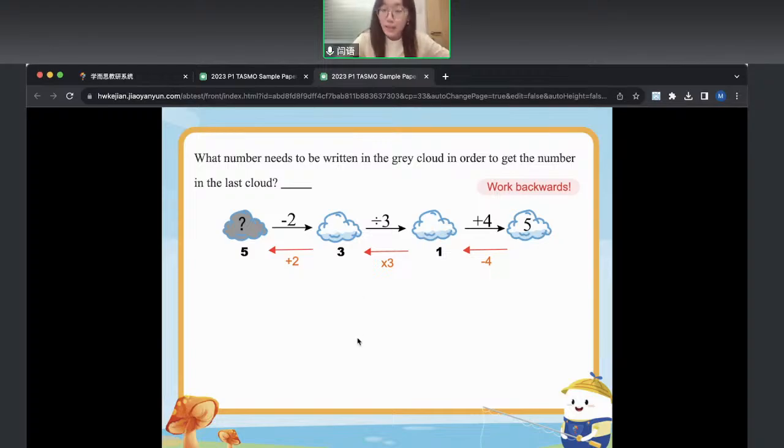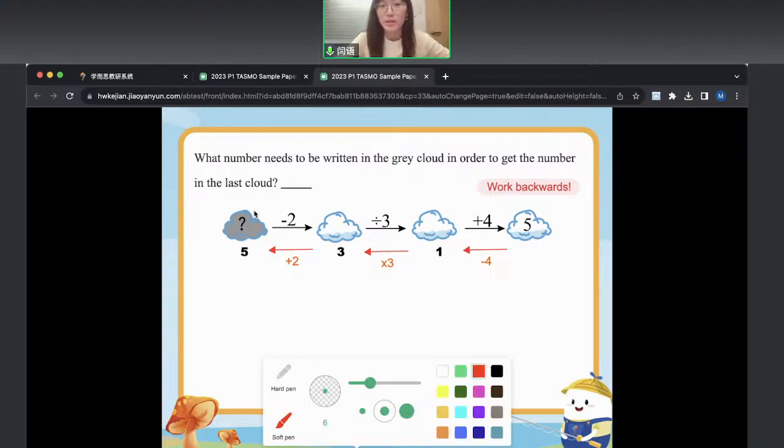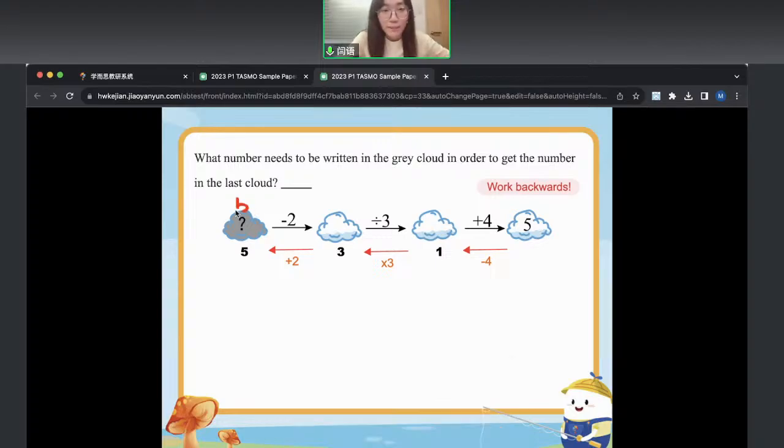But here, Teacher Apple wants to mention, if you just finish here, actually it is not the end. What should we do then? You need to check, especially during a test or competition. Do remember to double check your answer. How can we check? Just write it down. 5. And then let's work. 5 minus 2 equals 3. 3 divided by 3 equals 1.